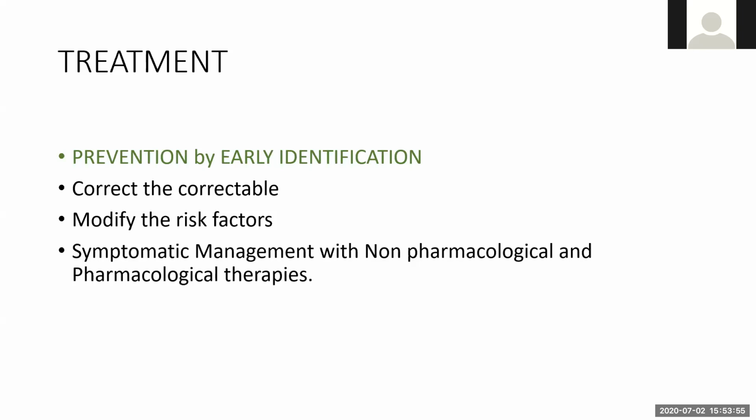So maybe the physician looking at the patient might say that this patient has come here multiple times with a history of delirium. Then the nurse tells that actually he's not been sleeping at night for the past 2 days. That itself is an indication that this patient is slowly going into delirium.